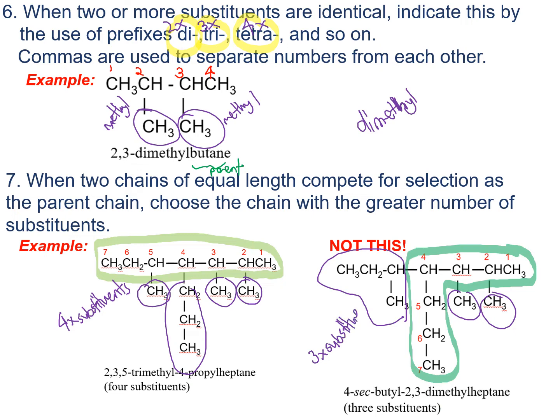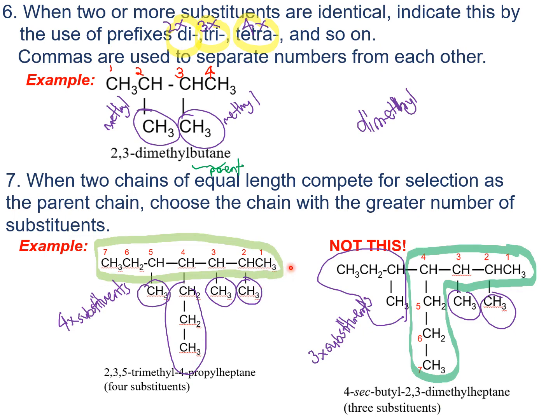So according to rule number 7, we must choose the one with the most substituents. So which is this one, where we make the heptane on top, counting upwards 1, 2, 3, 4, 5, 6, 7. Only when you coordinate the number of your substituents, you have to choose the one closest to the substituents.